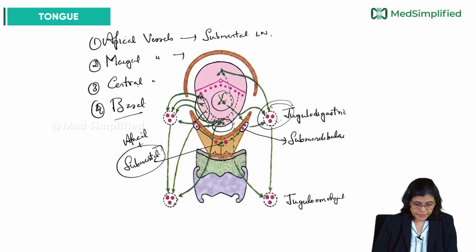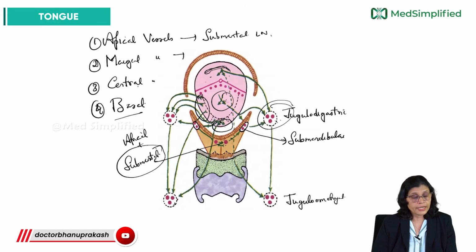Now in this tongue, there is a rich anastomosis across the midline between the lymphatics. So the lymphatics of the posterior 1/3 of the tongue will anastomose with each other from two sides. Here you have to understand, the posterior 1/3 of the tongue is formed from just the cranial part of the hypobranchial eminence.